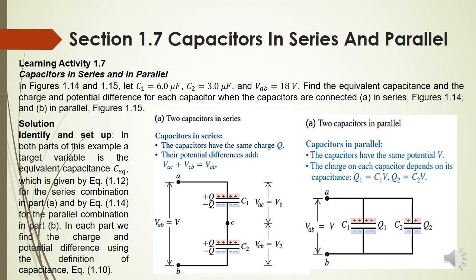Solution: identify the setup. In both parts of this example, a target variable is the equivalent capacitance CEQ, which is given by equation 1.12 for the series combination in part A, and by equation 1.14 for the parallel combination in part B. In each part, we find the charge and the potential difference using the definition of capacitance, equation 1.10.